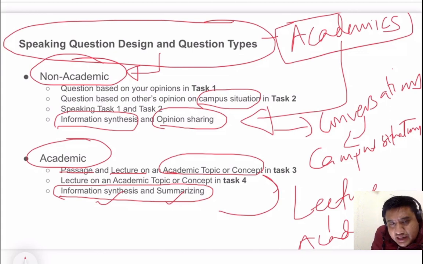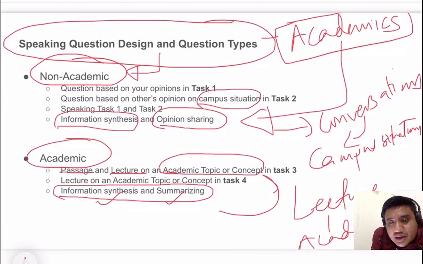The question design is based on the different situations that you get into when you study at a particular university. By virtue of being in a university, you might have to use English academically and also non-academically. So for TOEFL iBT speaking, they give you these different scenarios.